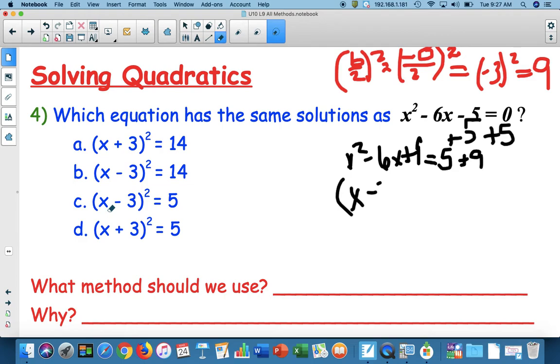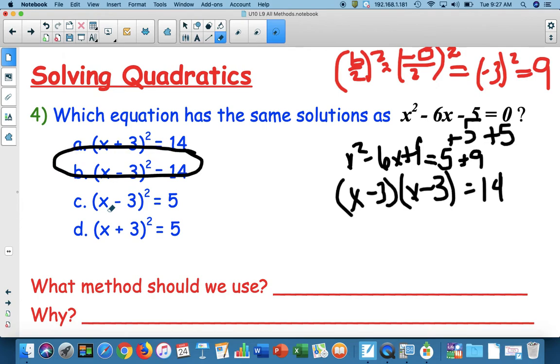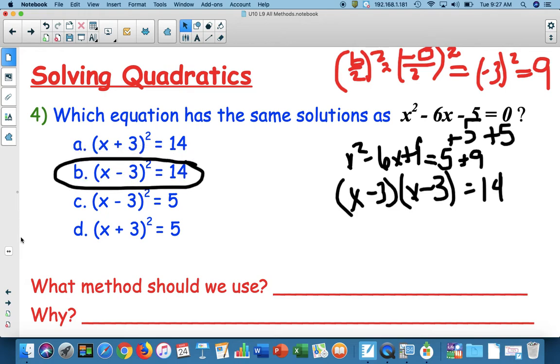X minus 3, x minus 3 equals 14. And hopefully you see that that is choice B. So hopefully you see that as choice B. All right, because you have the x minus 3, which would become x minus 3 squared. And that's an equal 14.